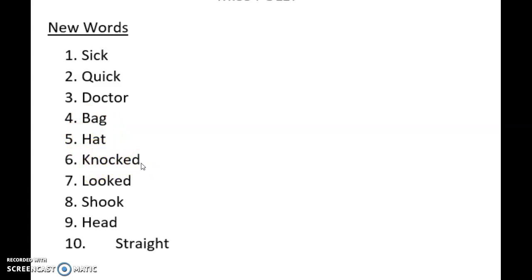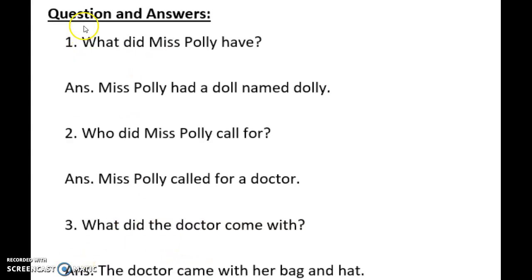Knocked is pronounced as knocked. Next, looked, shook, the yesterday word for shake, head. Straight. You have to learn the spellings of these words. Next is question and answers.